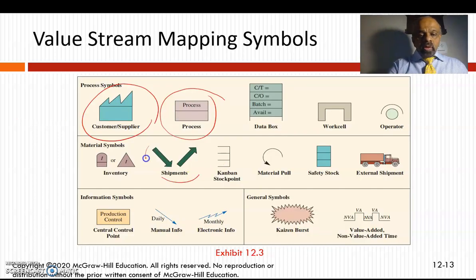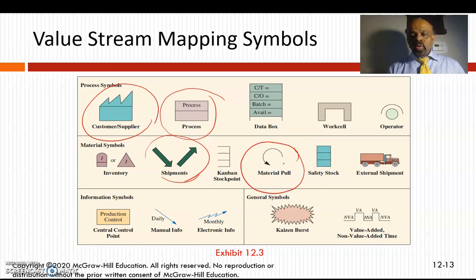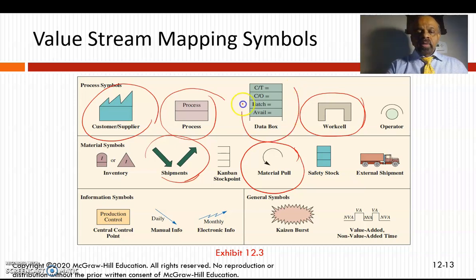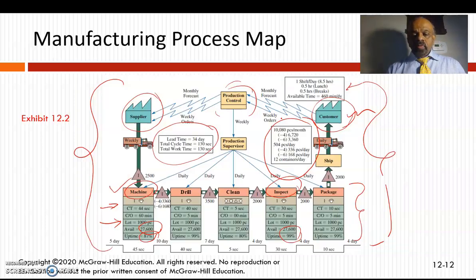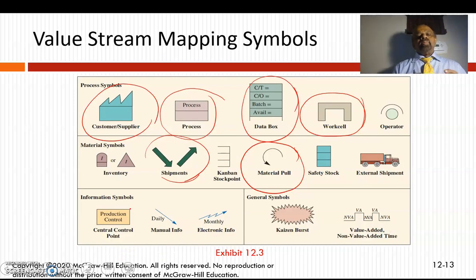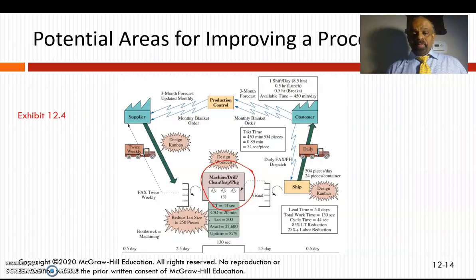Shipments are shown as arrows. Material pull is shown by this arrow. Work cells are denoted by this. Data boxes are denoted by this. For instance, you can see those data boxes here. So all these are mapping symbols that are used to show the process.